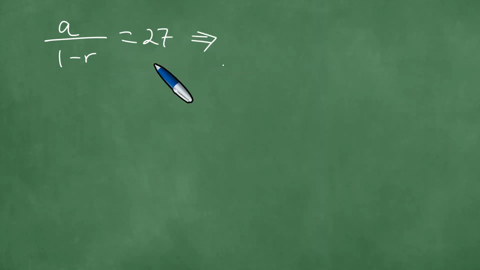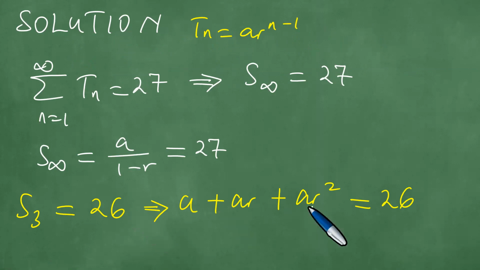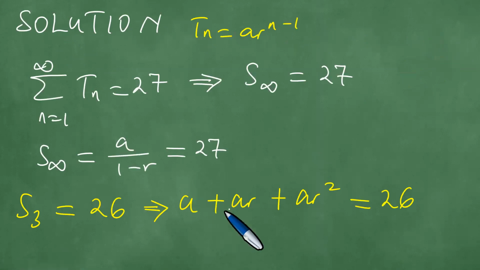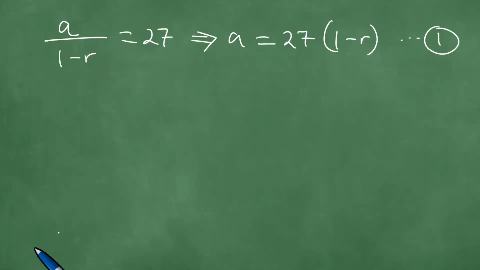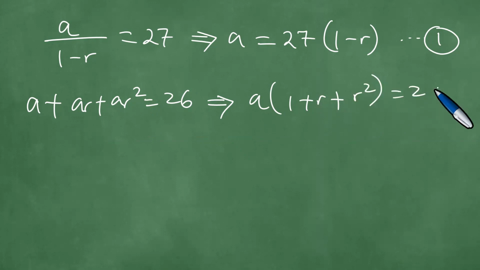You can cross multiply here, making A equals 27 into 1 minus R. Next point is to consider this one, which is A plus AR plus AR squared equals 26, which is A into 1 plus R plus R squared equals 26.